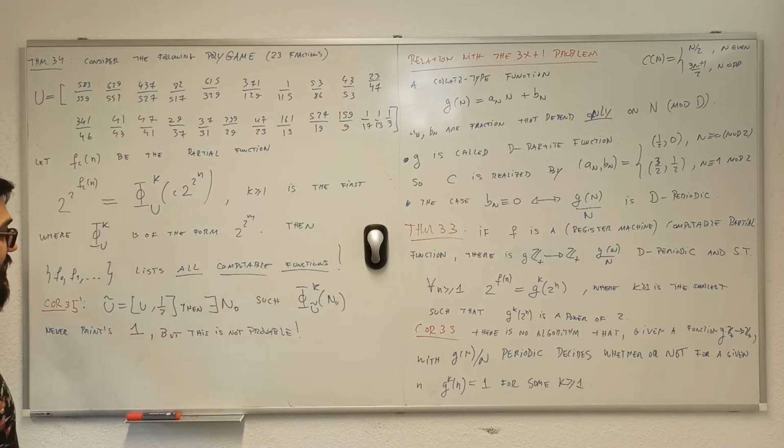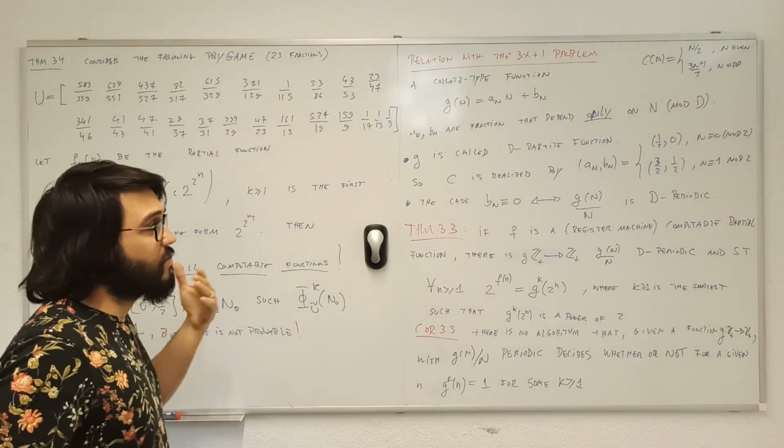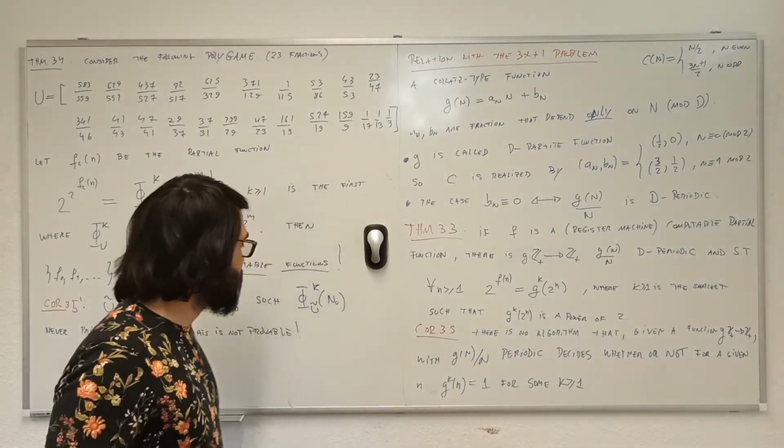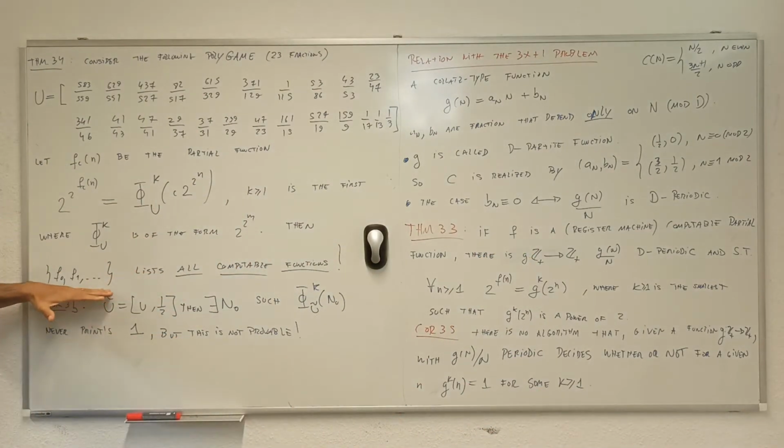So basically, a computable function you can think of as just an algorithm in some kind of language. And so this is basically listing all possible algorithms. Basically, this computes everything. Okay?